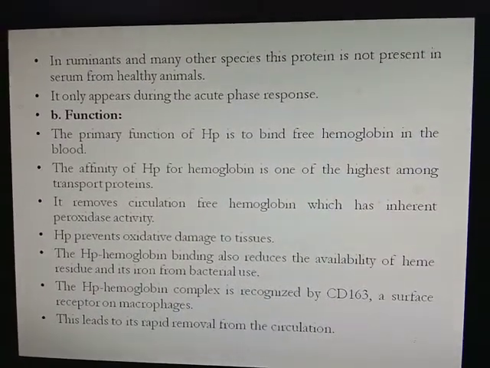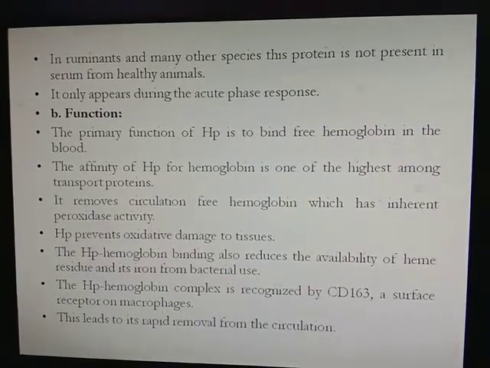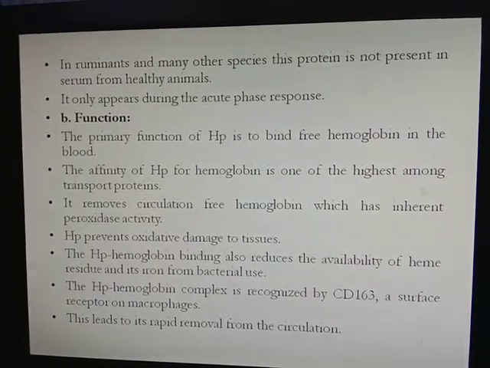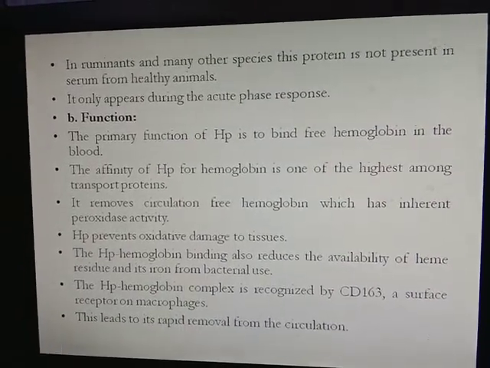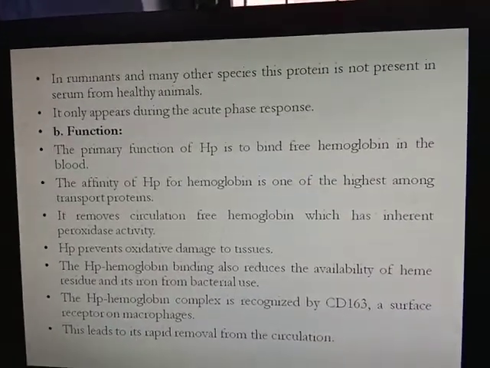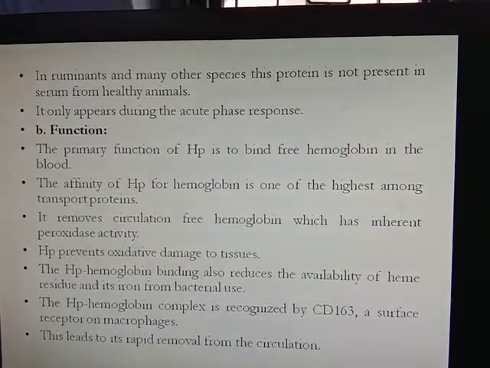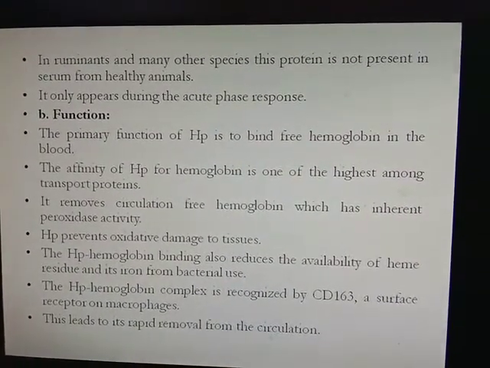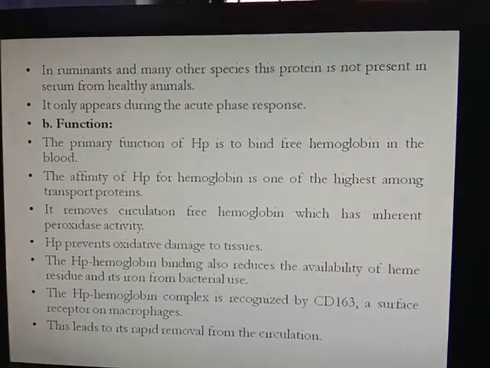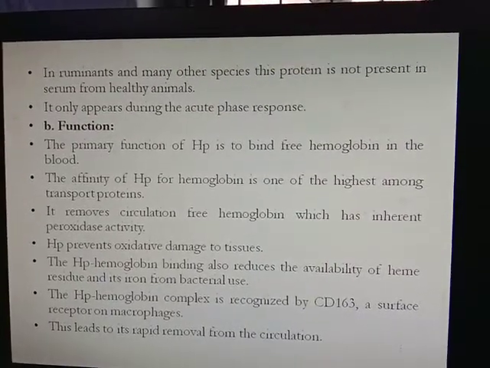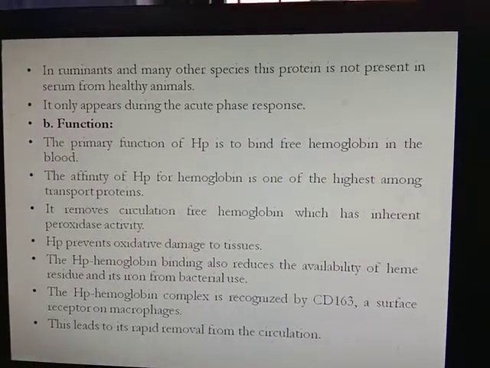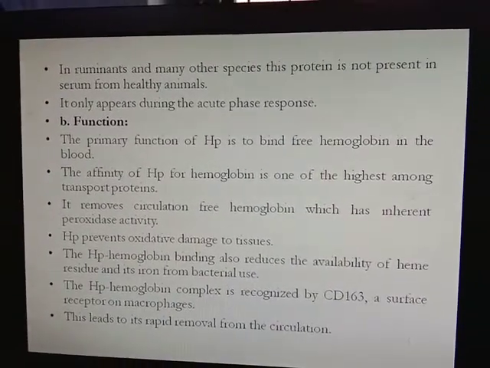Haptoglobin-hemoglobin binding also reduces the availability of heme residues and iron for bacterial use, so free hemoglobin and its iron will not be available to bacteria. The haptoglobin-hemoglobin complex is recognized by CD163, a surface receptor present on macrophages, which leads to its rapid removal from circulation.